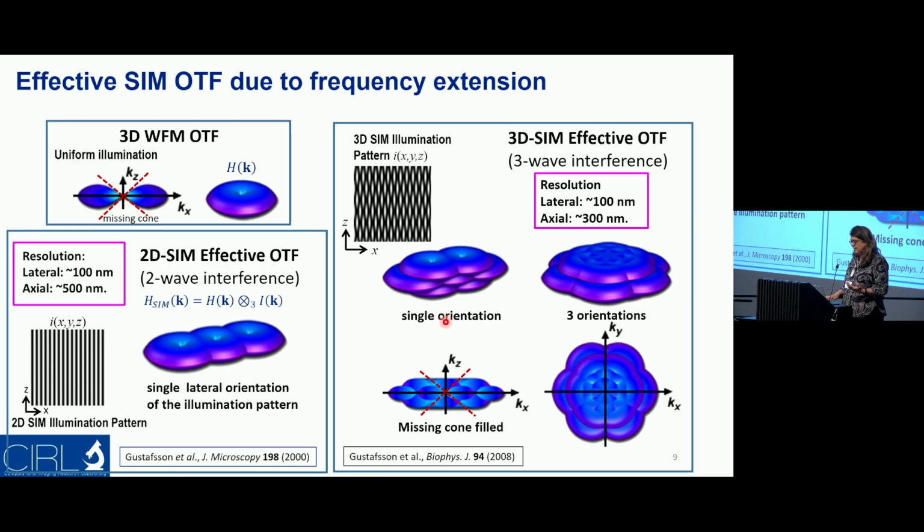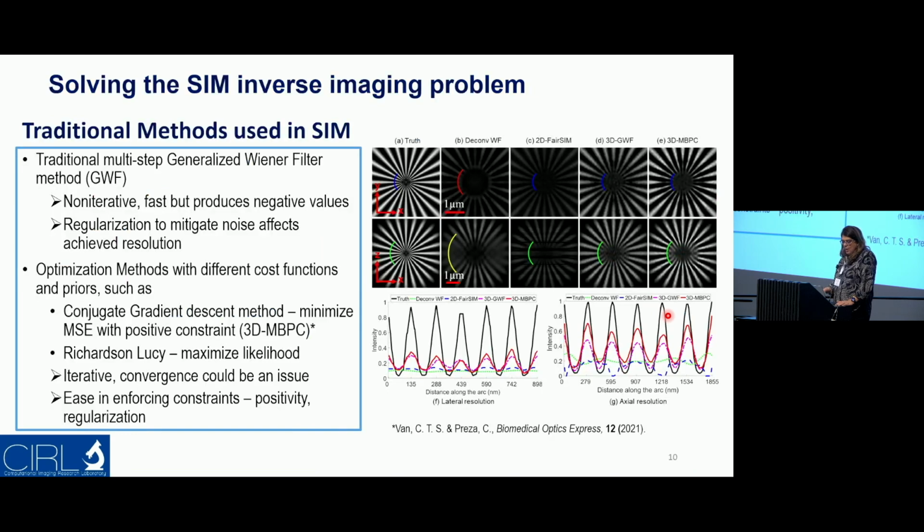And of course, if you can do this in 3 directions, you get an OTF that's extended isotropically.